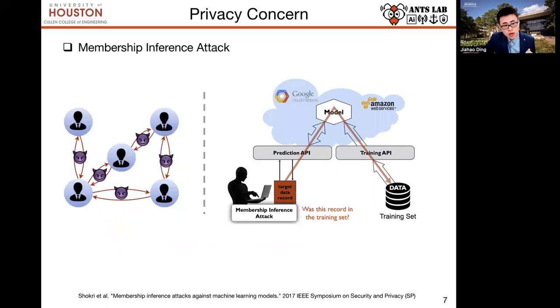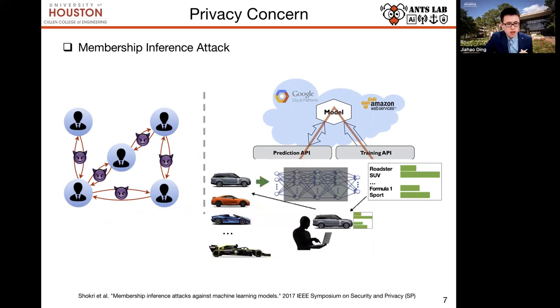The second kind of attack is called the membership inference attack. In the membership inference attack, the attacker tries to identify whether a specific data sample is a member or not, or whether this sample was used in the training data or not.